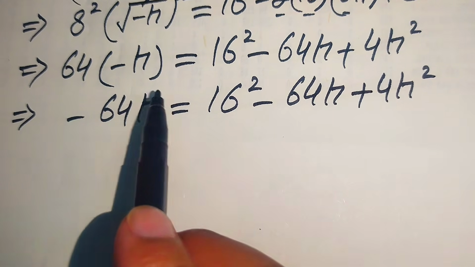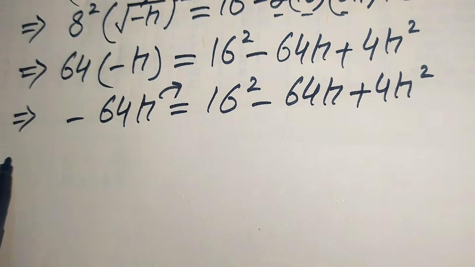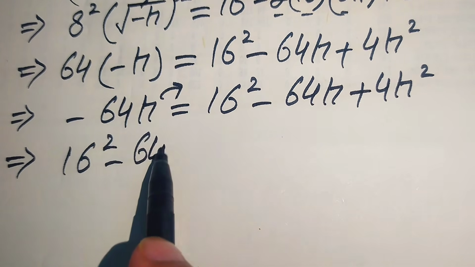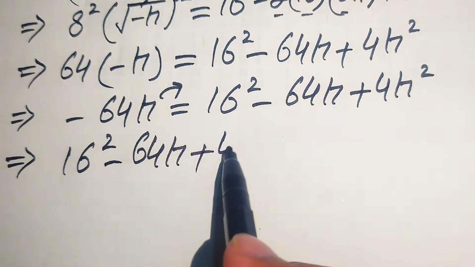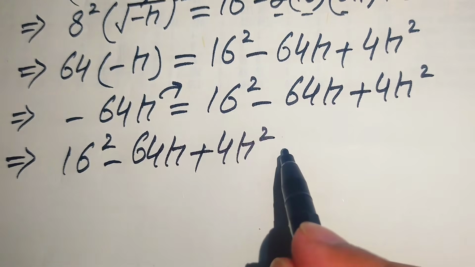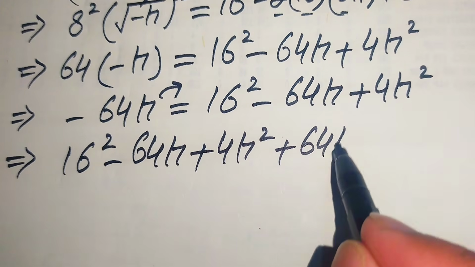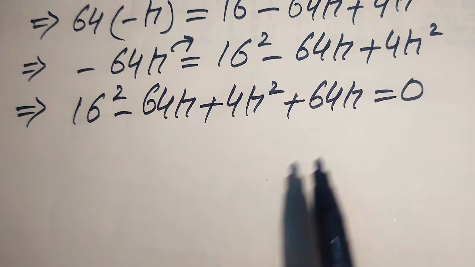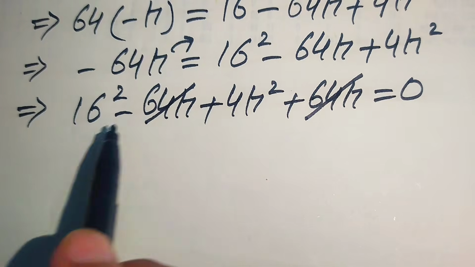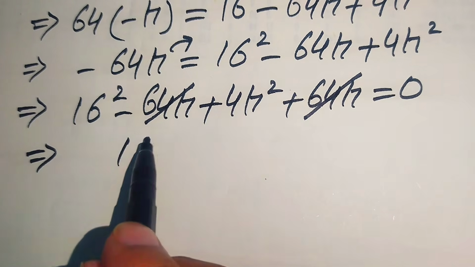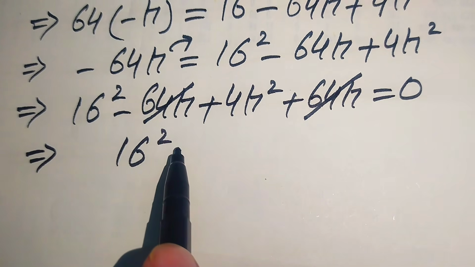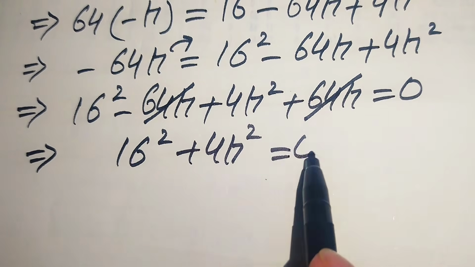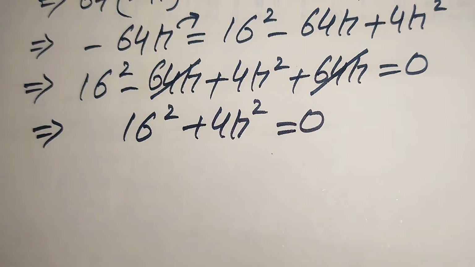And here we move the term from the left hand side to the right hand side, and this will be written as 16 square minus 64 times h plus 4 times h square, plus 64 times h, and this whole equation is equal to 0. The positive term and the negative term are gone, and we get 16 square plus 4 times h square, and this whole equation is equal to 0.